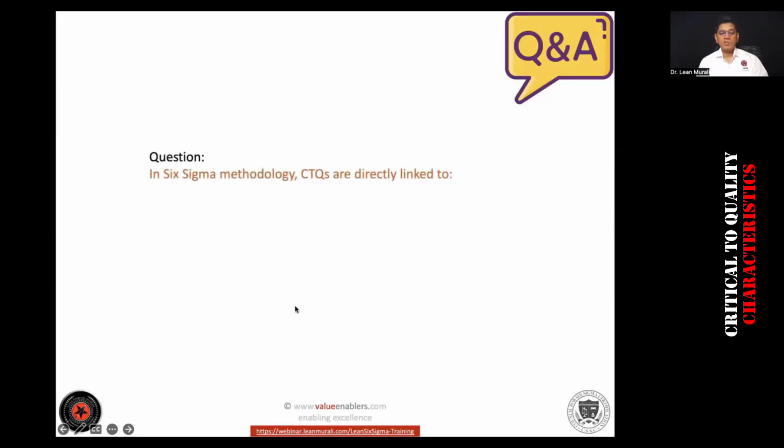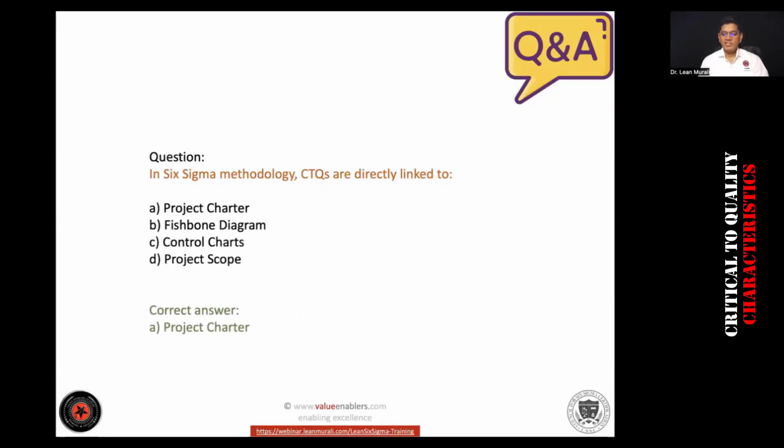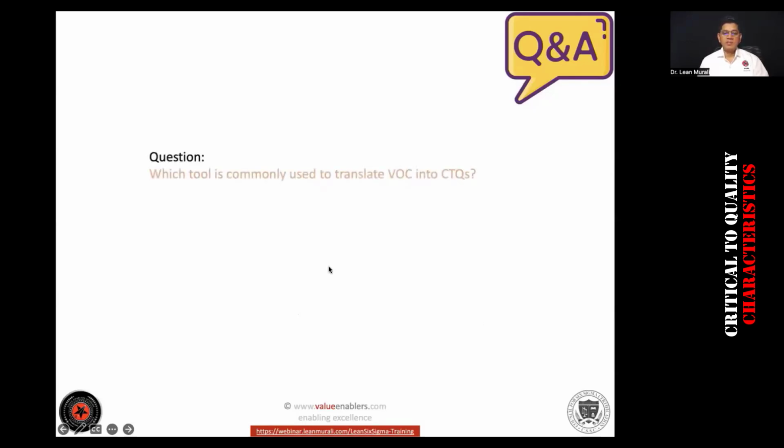Maybe the last question: in Six Sigma methodology, the CTQs are directly linked to project charter, fishbone diagram, control charts, or project scope. It's the project charter, that is the right answer. Please stand corrected if you have not typed the right answer. Which tool is commonly used to translate VOC to CTQ?